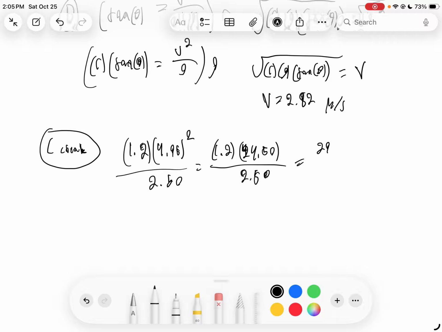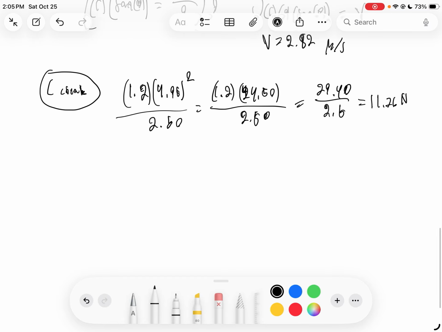Continuing on, the numerator we'll get 29.4, wait, 24.5 for the velocity squared, and on the denominator we'll get 2.5, which gives us a value of 11.76 newtons. So that's on the left side of the function.